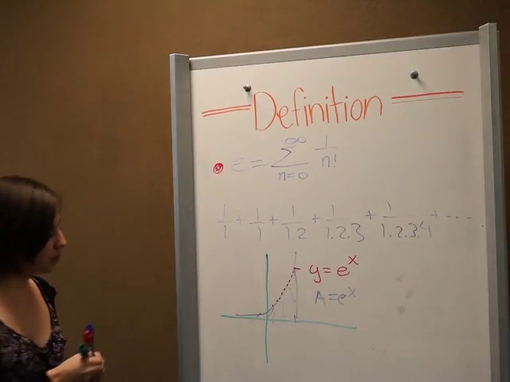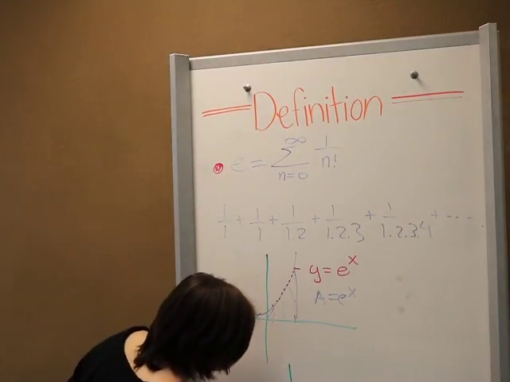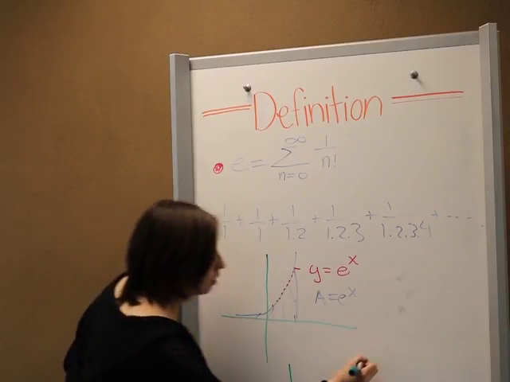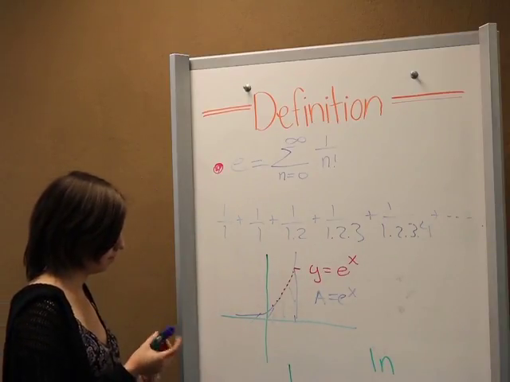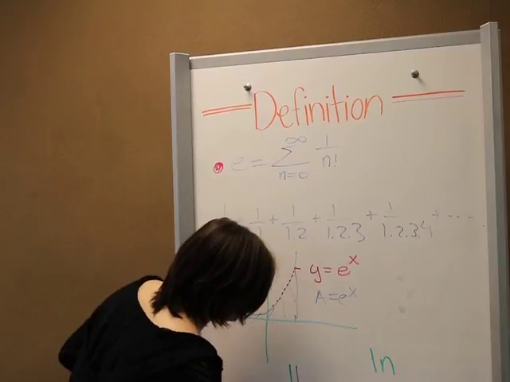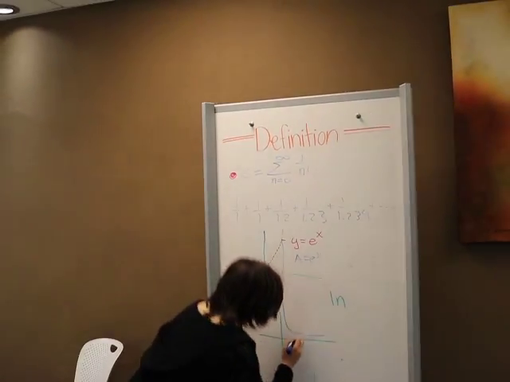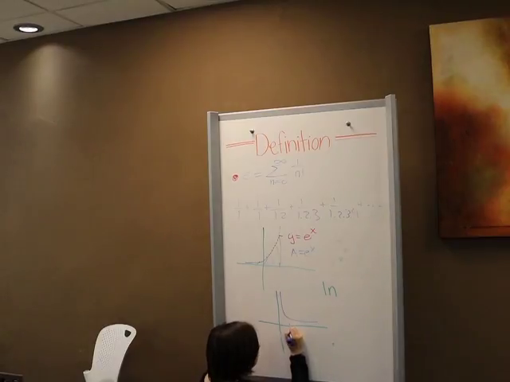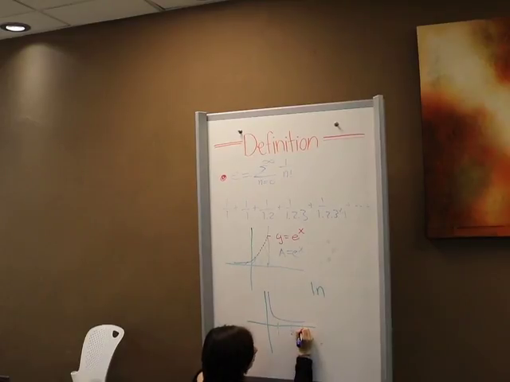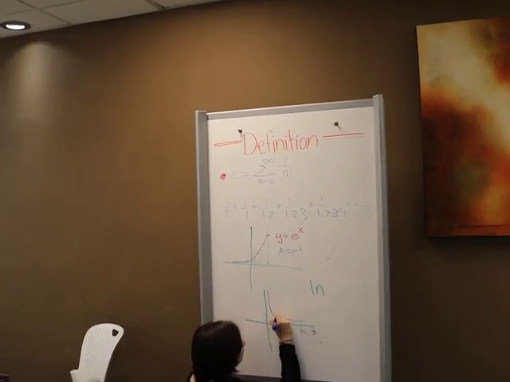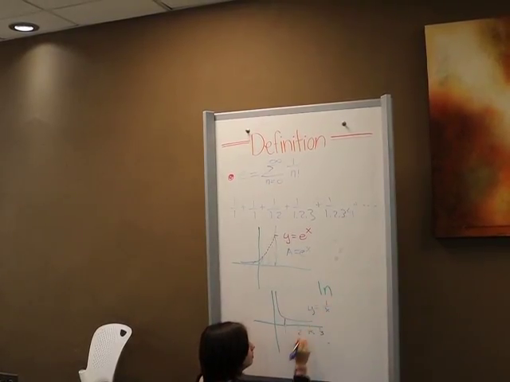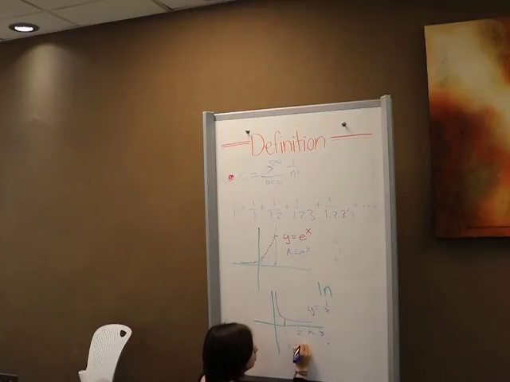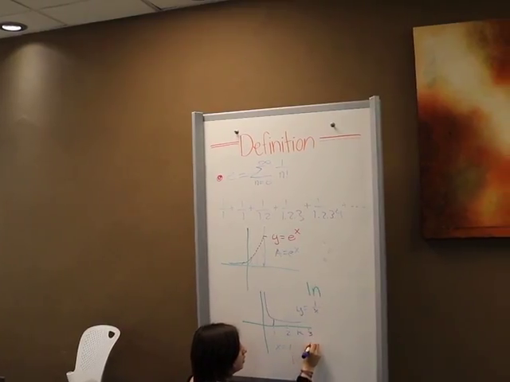So, when we are defining the natural logarithm of a positive number k, the definition of it is that it is the area under the graph of the curve 1 over x, beginning at x equal to 1 and going to x equal to k.